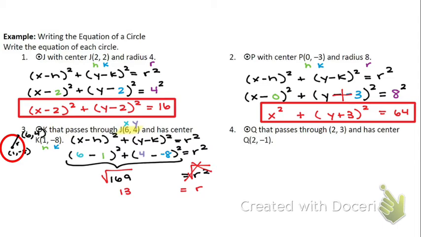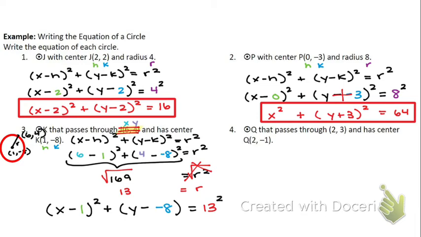So now we're just going to finish our problem up, but this time we no longer care about that additional coordinate. All we care about is the radius and the center. So now I have x minus 1 squared plus y minus negative 8 squared equals r, which is 13 squared.